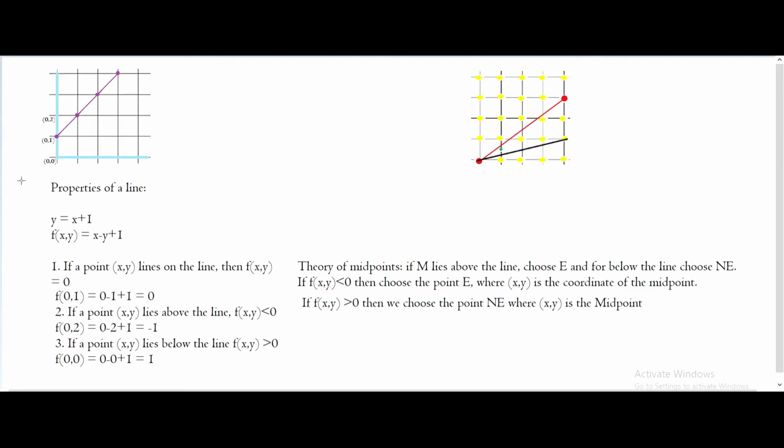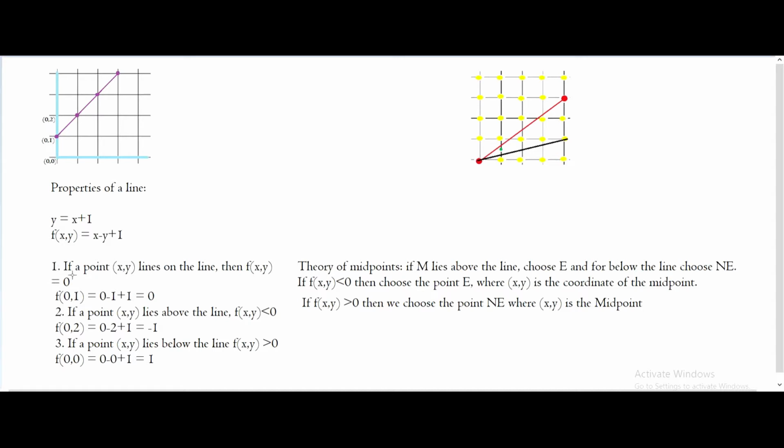Okay then, so for this equation f(x, y) is equal to x minus y plus 1, if I consider a point on the line, for example the coordinate (0, 1), if I solve this equation for the point (0, 1), I will get 0 minus 1 plus 1, which is equal to 0. And that is our first property of a line. For any point that lies on the line, we will get f(x, y) is equal to 0.